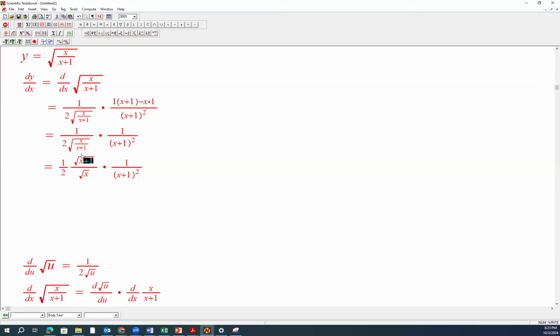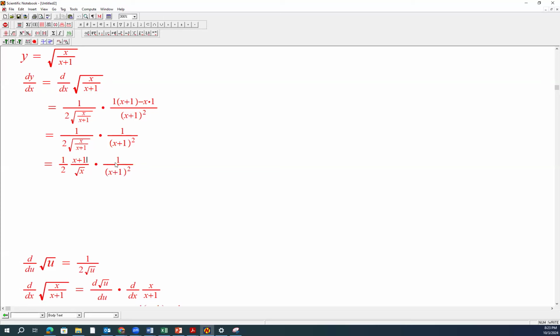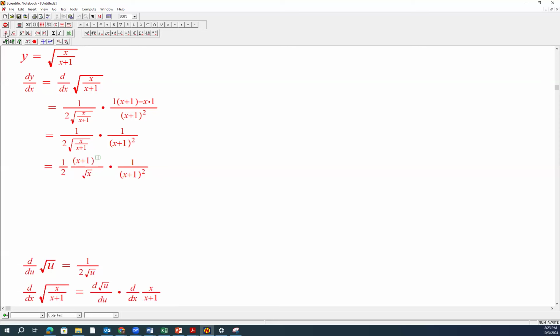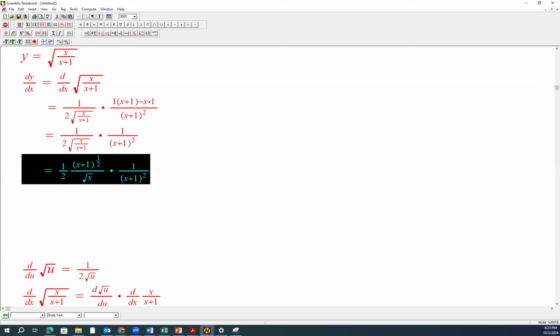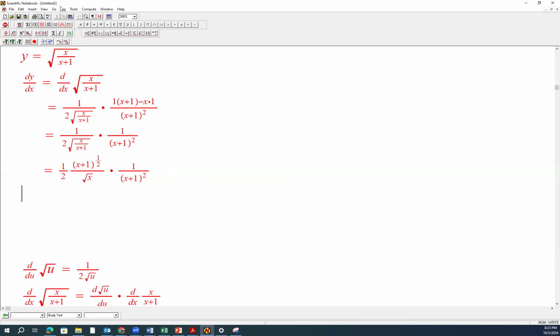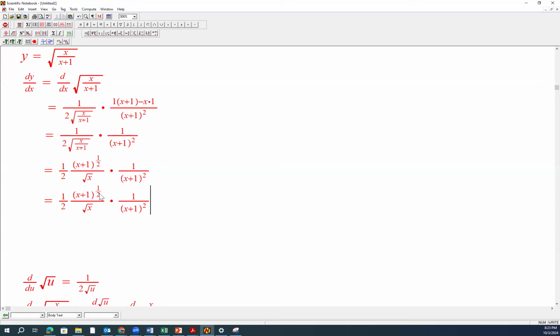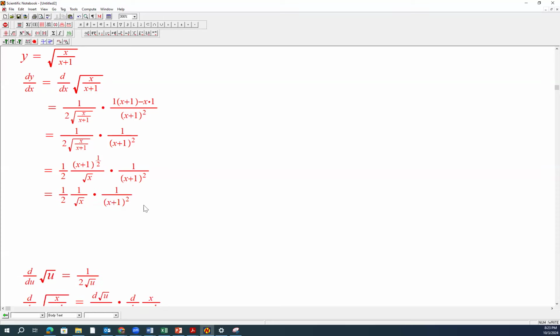And this piece can be seen as x plus 1 to the power of half. Right? So this piece is viewed as x plus 1 to the power half. And this is power half, and this is power 2. And so the exponents subtract, right? Exponents subtract. So you can simplify to the ultimate form.